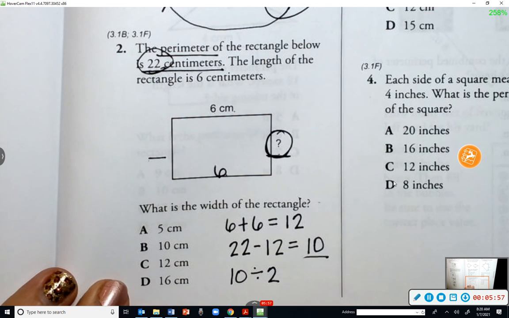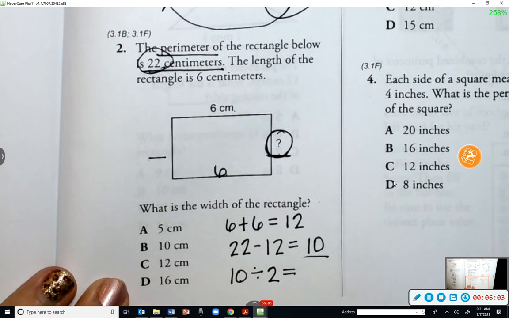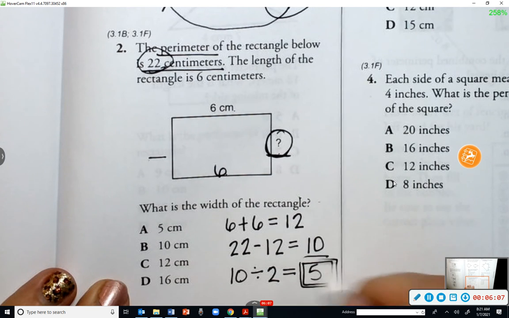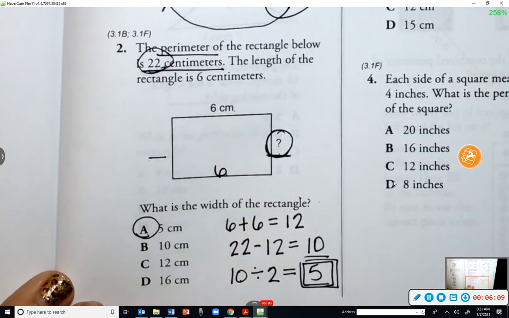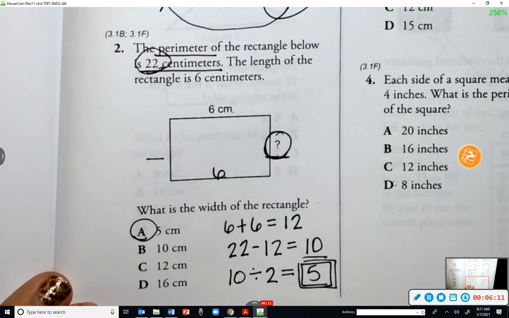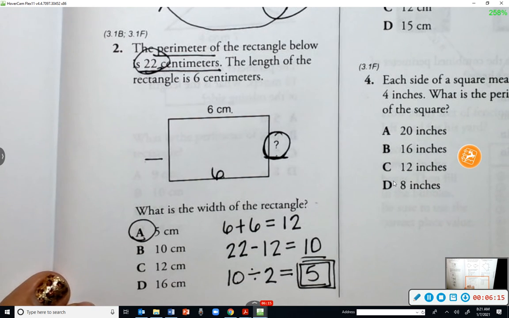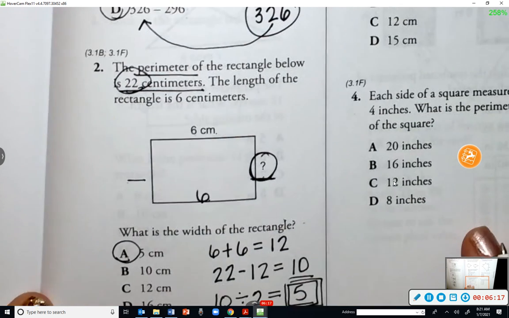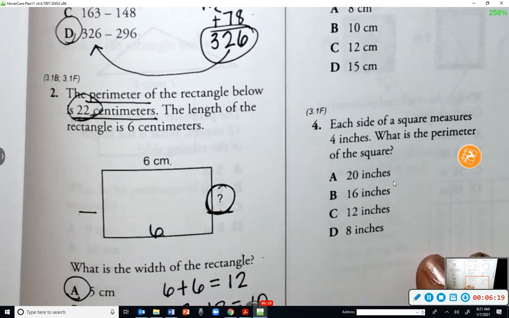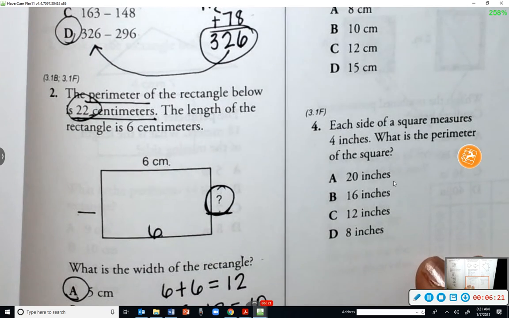So it's 10 divided by 2, or half of 10. What's half of 10? 5. Good. So 5 was the missing side, which would be A. Did y'all get that one right? There's a poster behind you if you can't remember the steps, right behind Kelsey.